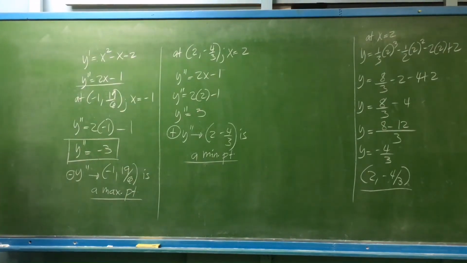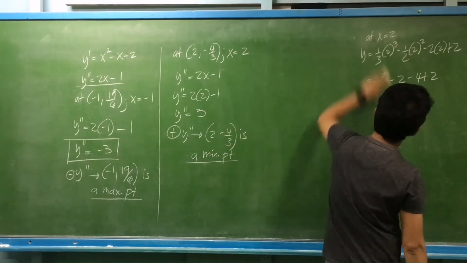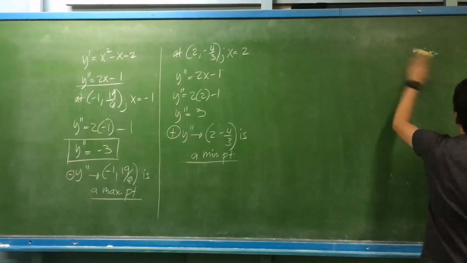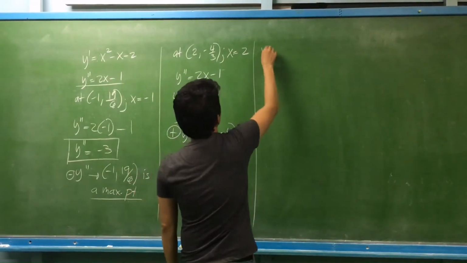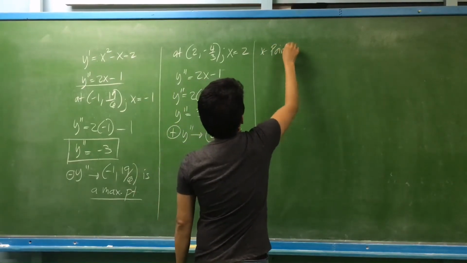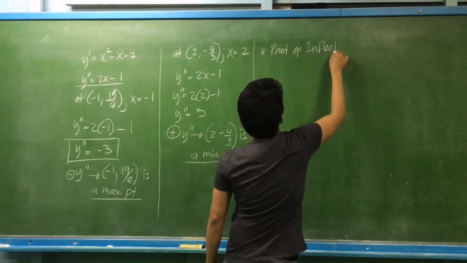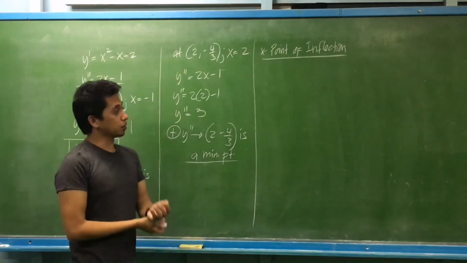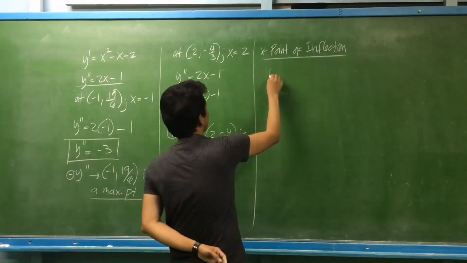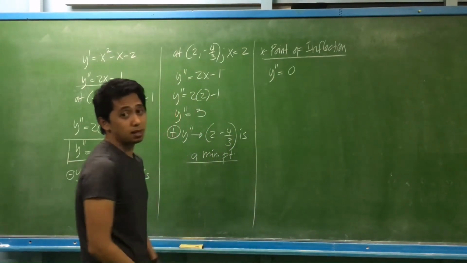What about if we are to determine the point of inflection? So, paano kung gusto natin kunin yung coordinate ng point of inflection? Last time sabi natin, if we are to determine the point of inflection, we have y double prime should be equal to 0.